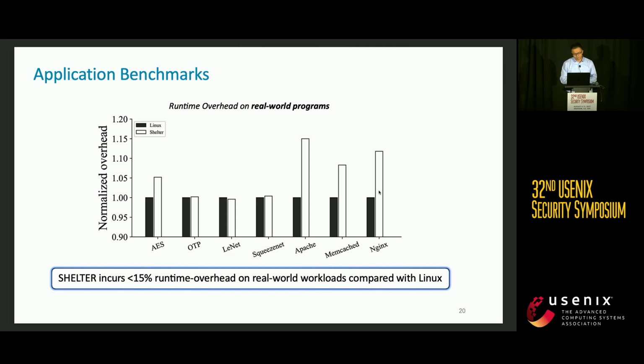Okay. So this is for the performance results. So here we have the dark one, which is the application running on Linux. Okay. The white one is the application running on shelter. Okay? As we can see, even for the larger applications like Apache, Memcached, Nginx, those kind of larger applications, shelter incurs less than 50% runtime overhead, okay, compared to the applications running on Linux.